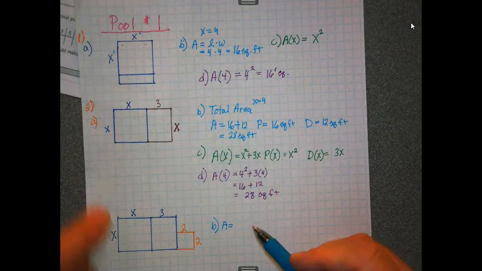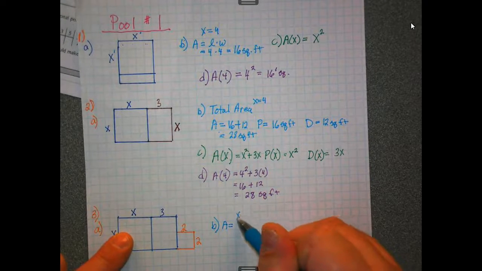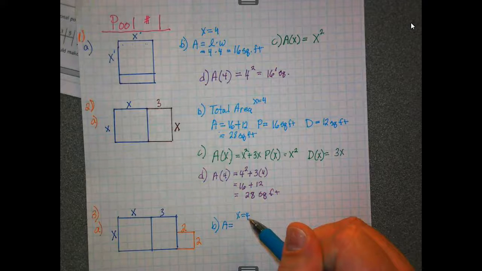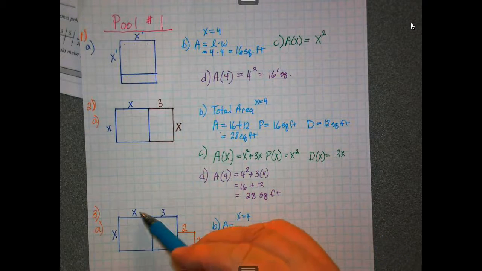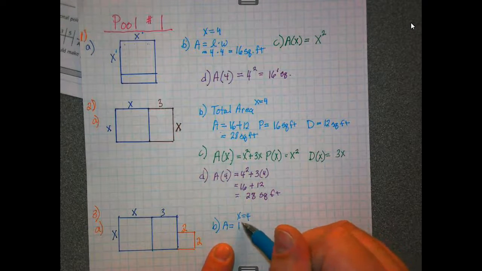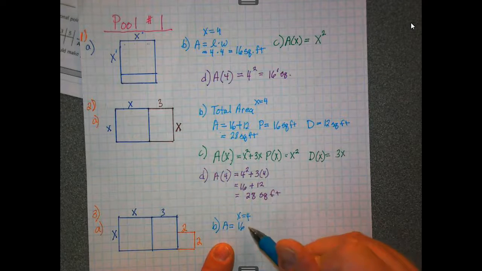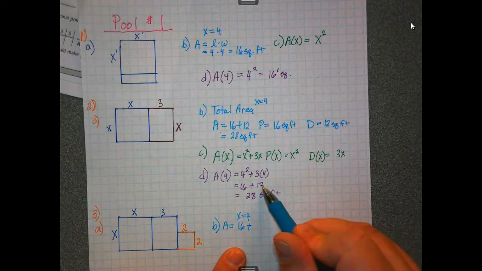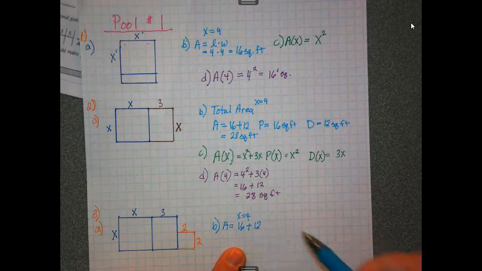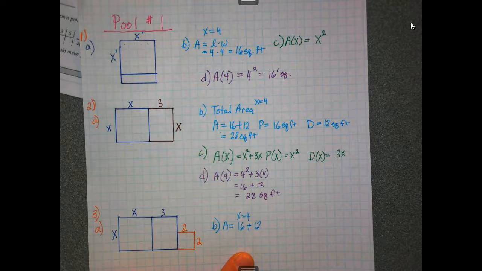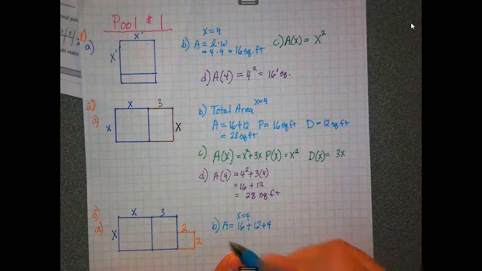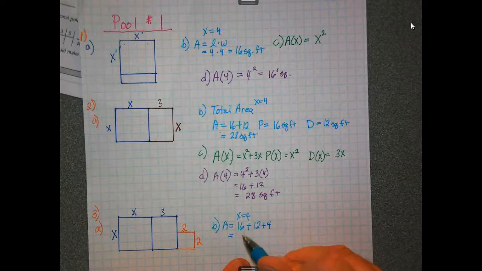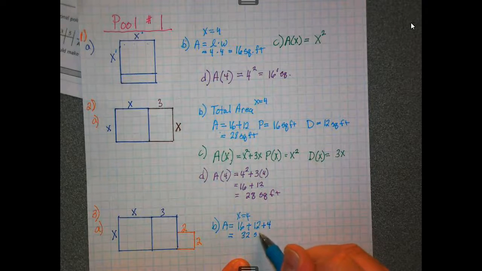Remember my X equals 4 for me, whatever it is for you. For me, 4 times 4 is 16. And my deck was 12. What am I going to add to that now? 4. Okay. So my total area here is 32 square feet.